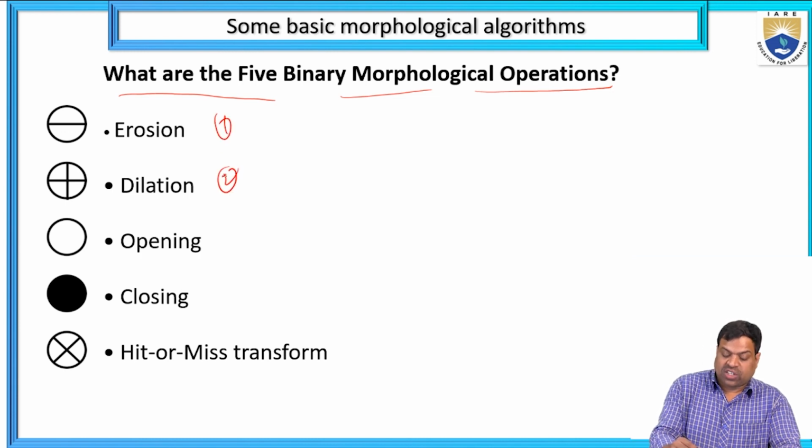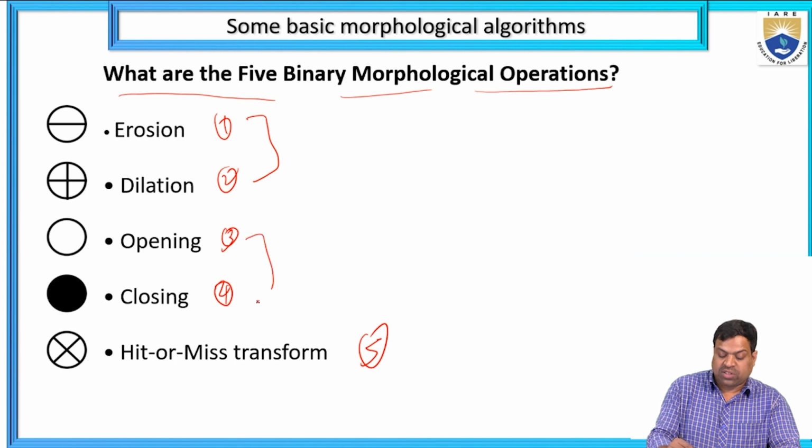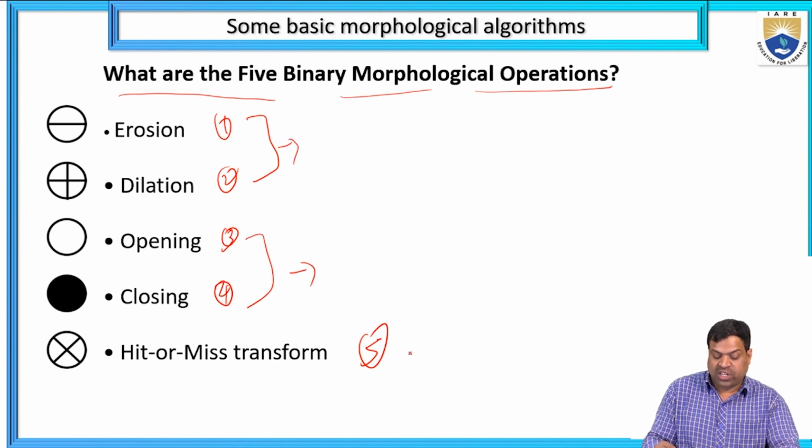Erosion and dilation are related to each other, and opening and closing are related to each other. Hit-or-miss transform is another method. They are exactly opposite to each other. Hit-or-miss transform is another form, equal to erosion and dilation.